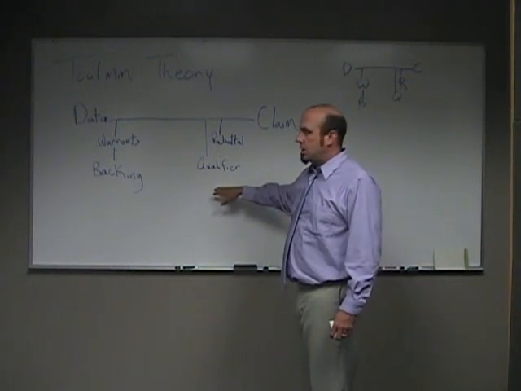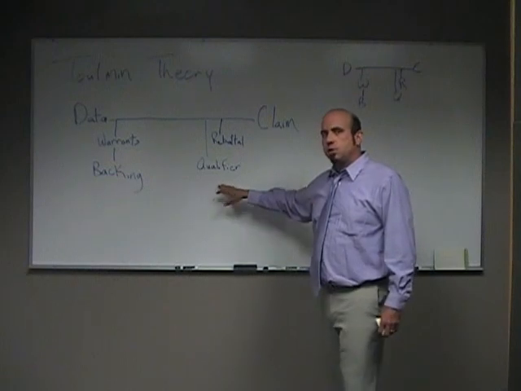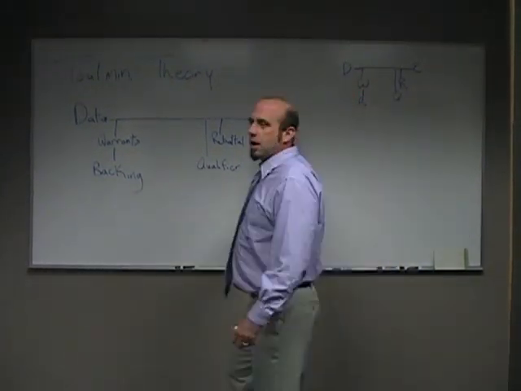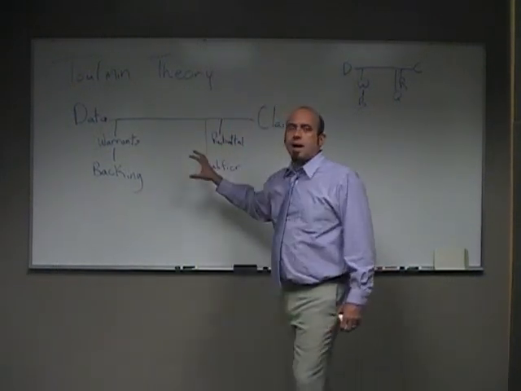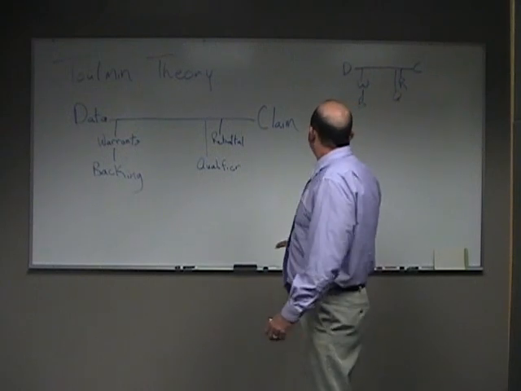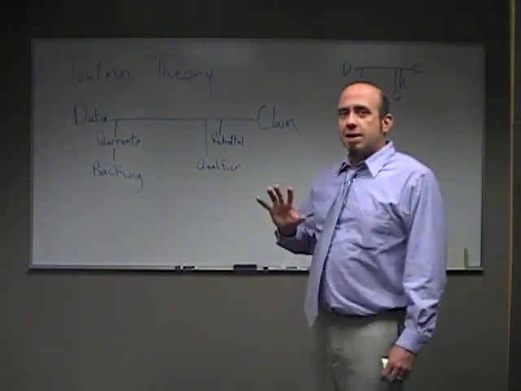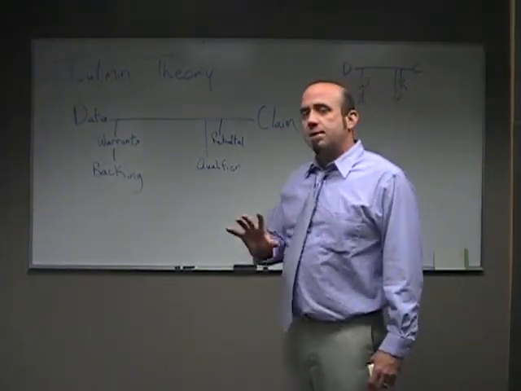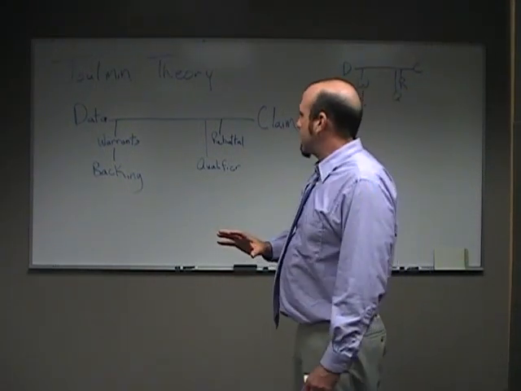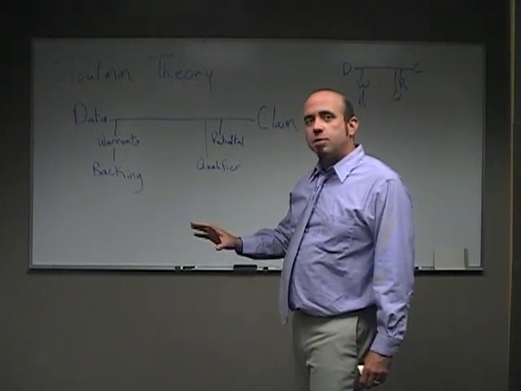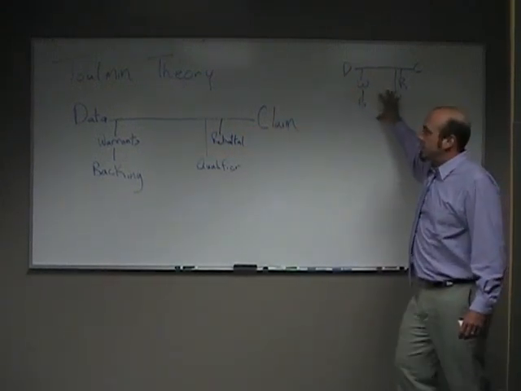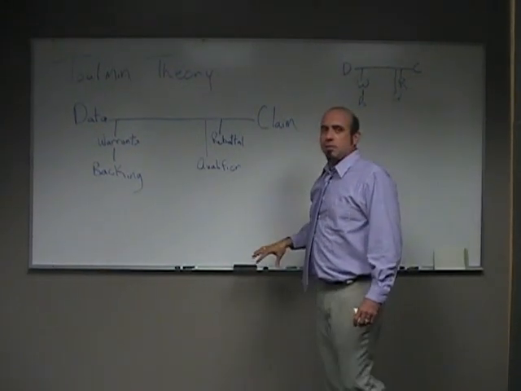It's usually a word or a phrase that's used to soften or strengthen the argument within this thesis statement. Okay, and I'm going to demonstrate that for you as well. So in sum, Toulmin theory, excellent way to construct an argument and also to analyze an argument. And I'm going to come back and demonstrate this with an example and break it down for you using these, which I'm going to keep up here so you can see that working out in the example.